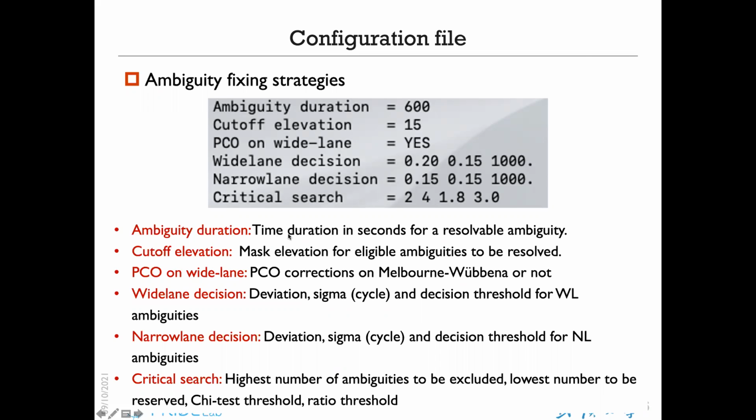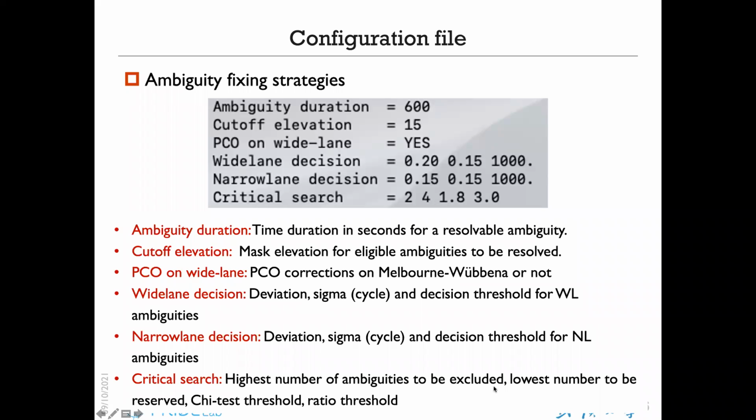The final one is the critical search, which is especially useful for the lambda method to search for the correct integers for your candidate ambiguities. So here we have 4 numbers. The first number is the highest number of ambiguities to be excluded.